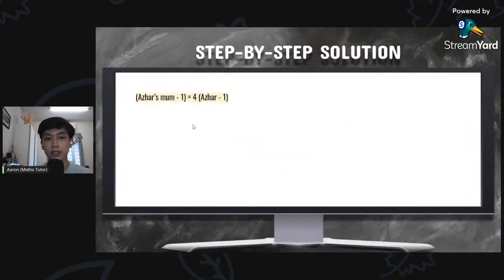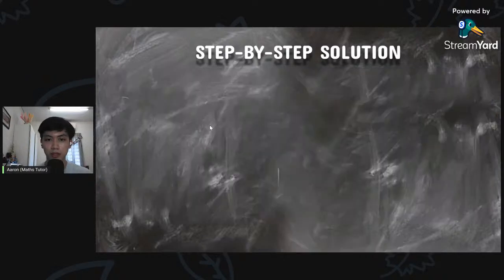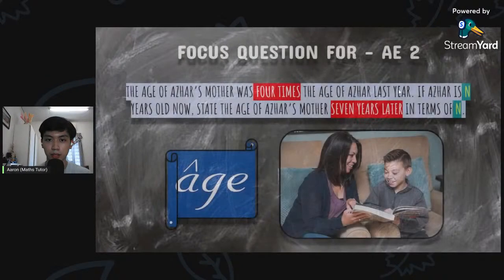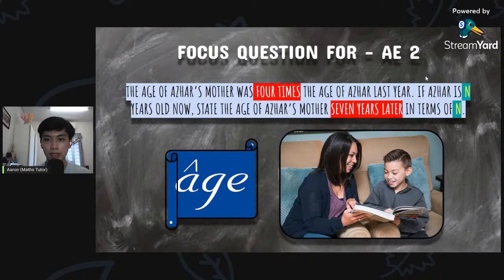So remember just now it says the age of Azhar's mom is 4 times the age of Azhar. But do remember, it says what? Last year. The keyword here is last year. So we know that the mother's age was 4 times the age of Azhar.